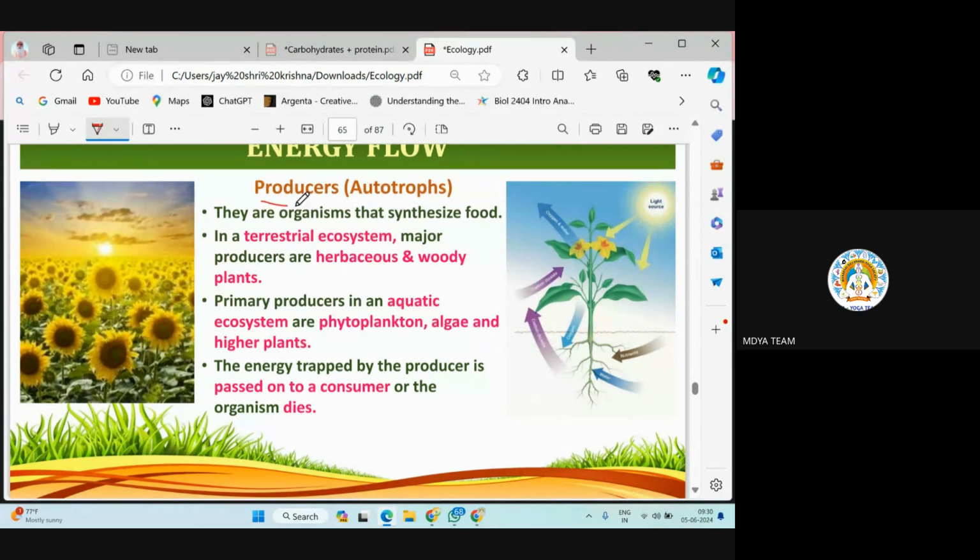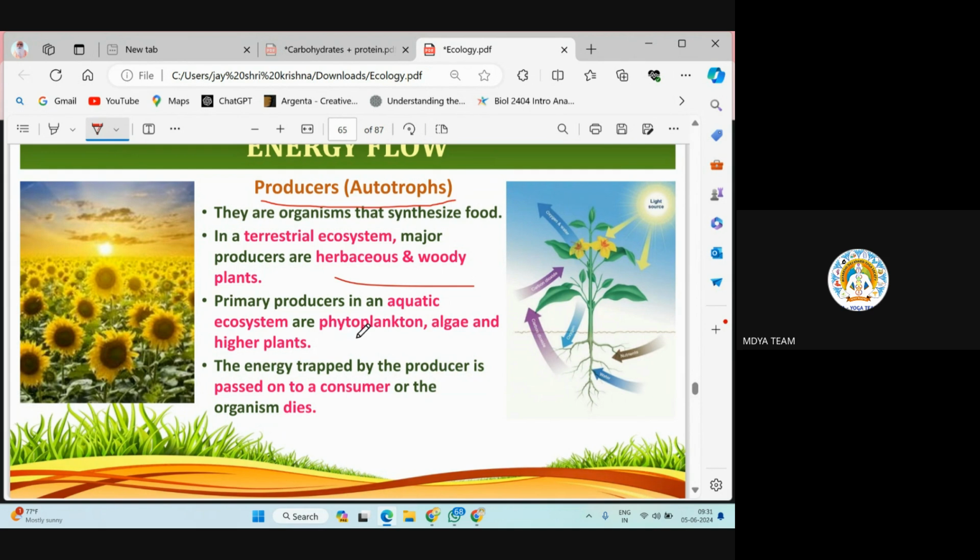Okay, energy flow: first are producers or autotrophs. Why autotrophs? Those living organisms which are producing their own food, that's why they are autotrophs. And they are producers also. So in terrestrial ecosystems, plants are autotrophs, and in aquatic ecosystems, plants are not there.